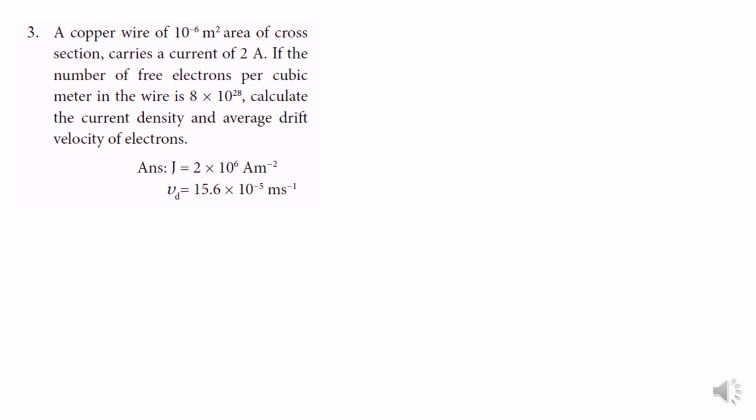So the data given, A is area of cross section is 10 power minus 6 meter square. It carries a current of 2 ampere. The number of electrons per meter cube is 8 into 10 power 28. That is the electron density N equal to 8 into 10 power 28. This is a count.